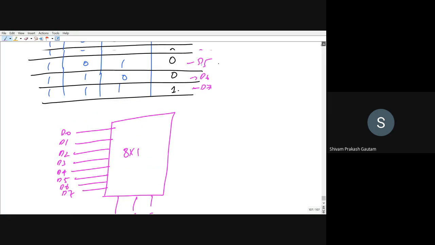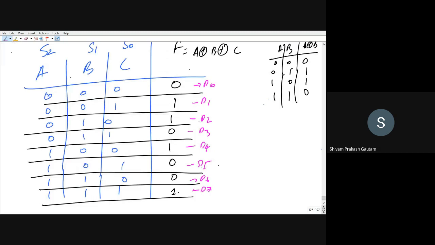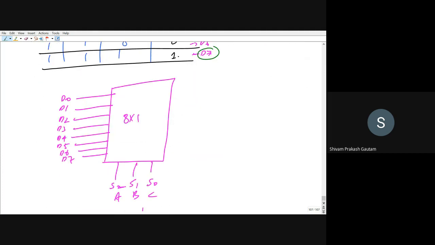So let us just see what is 1 here. D1 and D2 are 1, D4 is 1, and D7 is 1. So in these inputs we will be providing input as 1, and in all others we will be providing input as 0. So D1, D2, D4, D7.